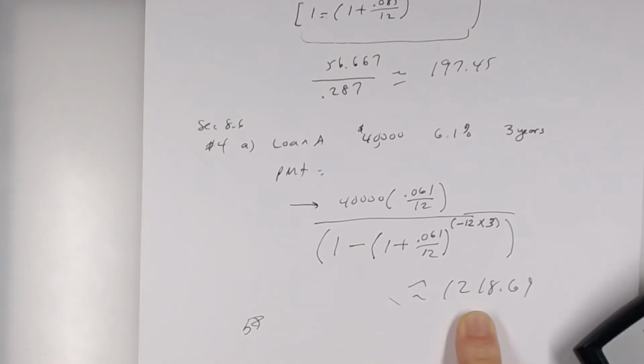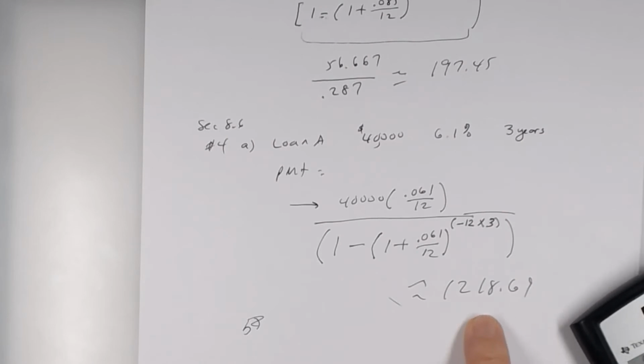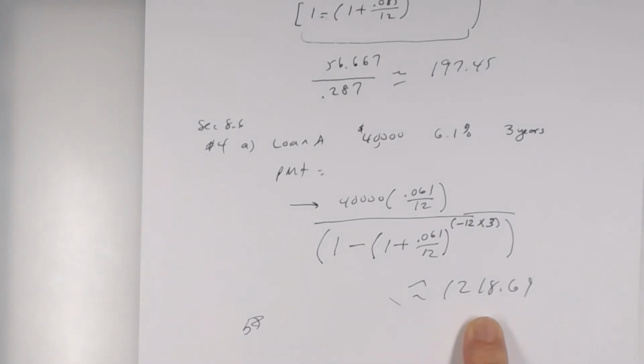If you're paying this much a month, you multiply that times, go ahead, 36. All right, good. Where do you get that 36 from? The number of months you're paying this thing off for. How do you get 36? 12 times 3.